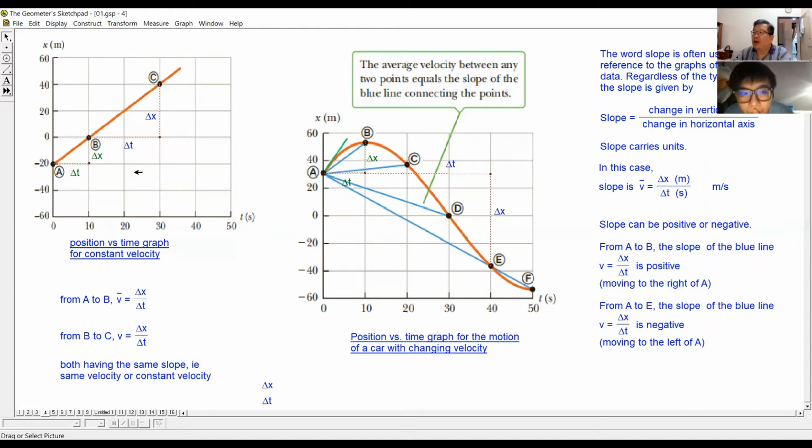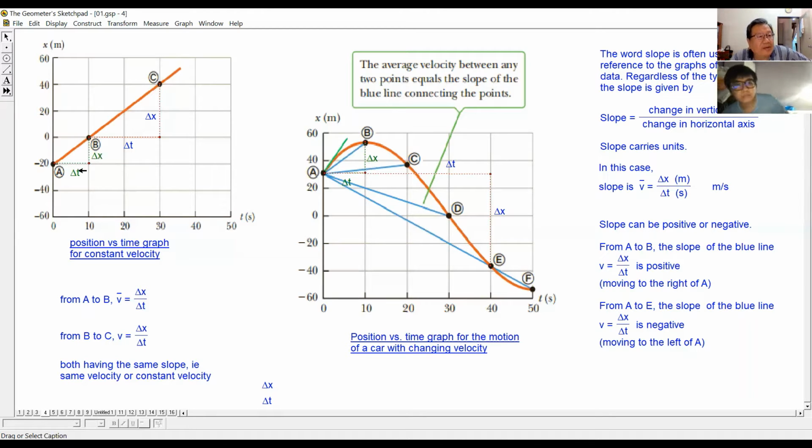Earlier on, we were not referring to the graph, we just referred to the formula: delta x over delta t. But now, graphically, delta x over delta t means the length of this side of the right angle triangle divided by the other side of the right angle triangle.